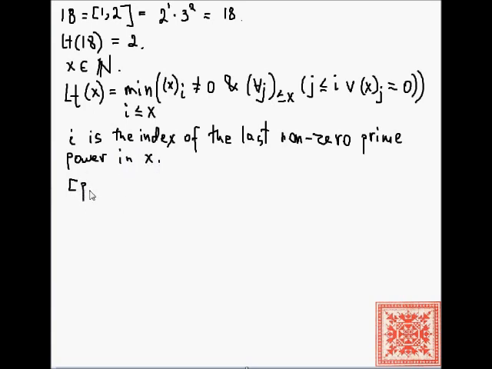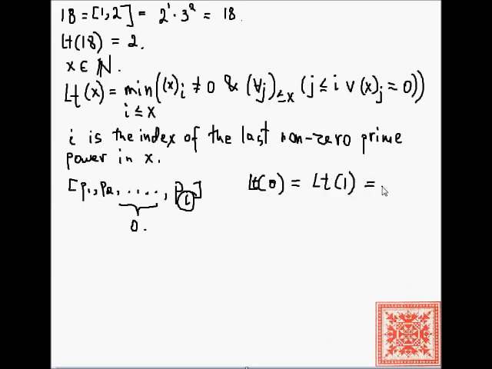For example, if we have some Gödel number, p1 is the power of the first prime, p2 is the power of the second prime, and pi will be the last non-zero power. Intermediate powers may be 0, but i will be the last non-zero prime power. So, for example, the length of 0 is going to be equal to the length of 1, and that's going to be equal to 0.